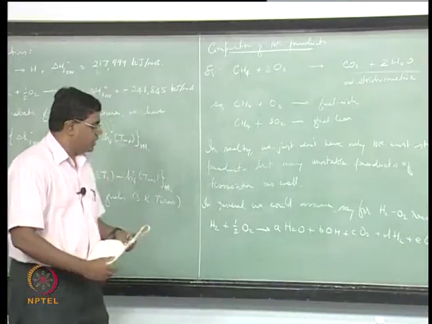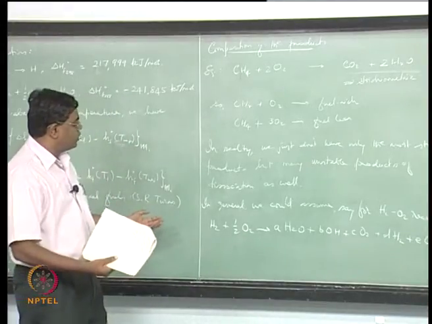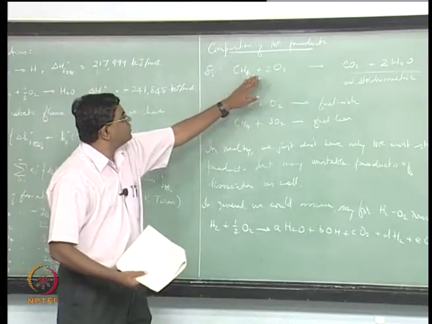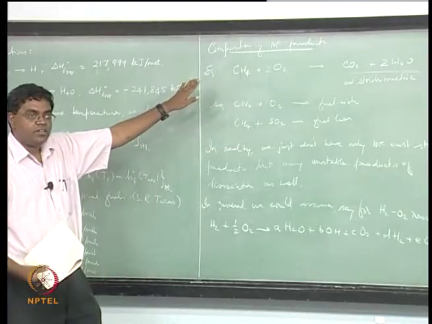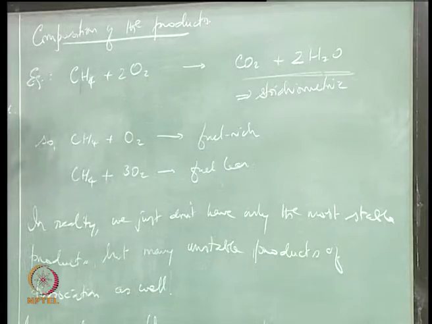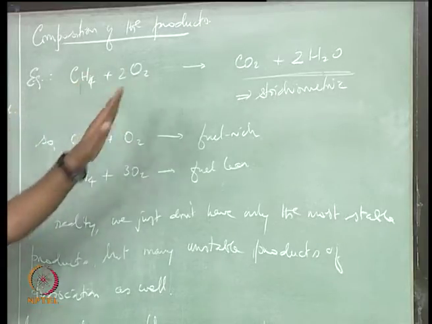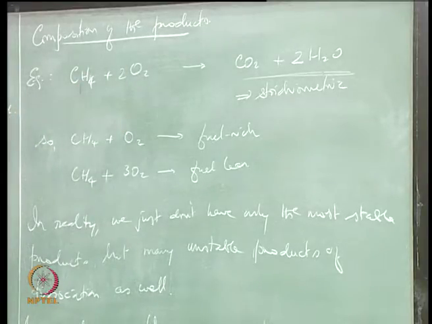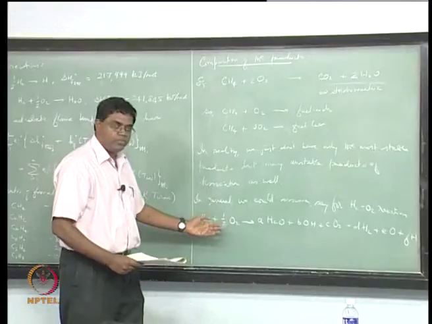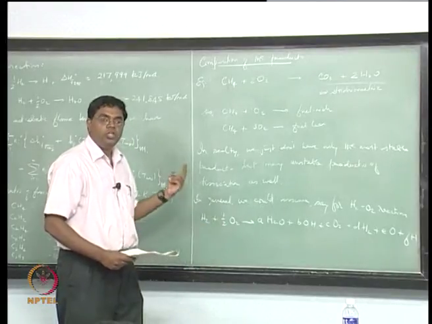So to give you an example, in the case of CH4 plus O2, how many atom types are there? 3: carbon, hydrogen, oxygen. So we can call this a CHO system. In the case of the H2O2 system, how many atom types are there? Only 2.